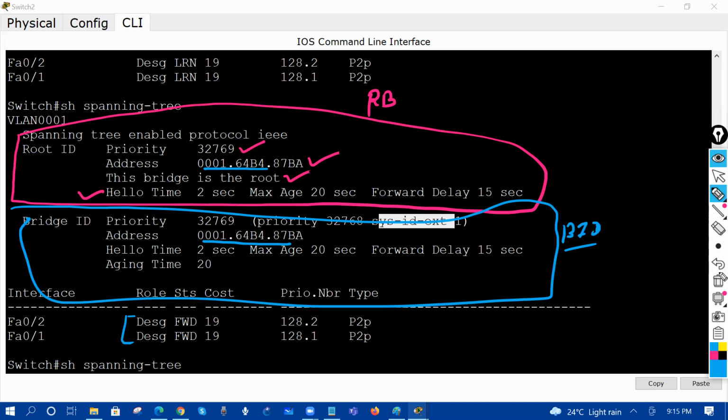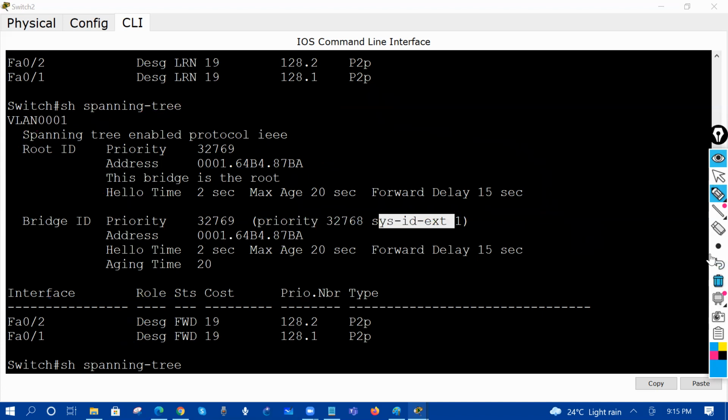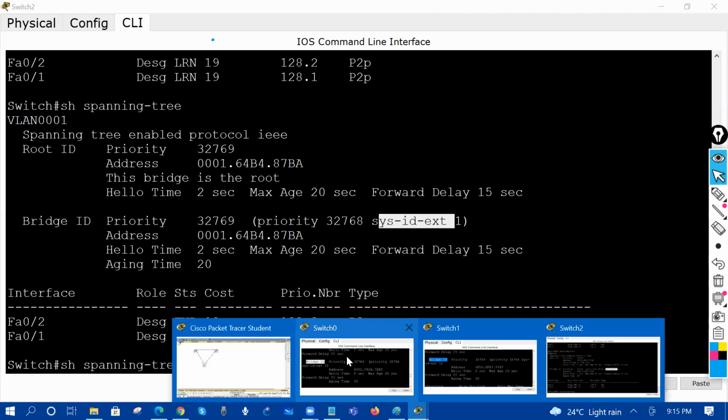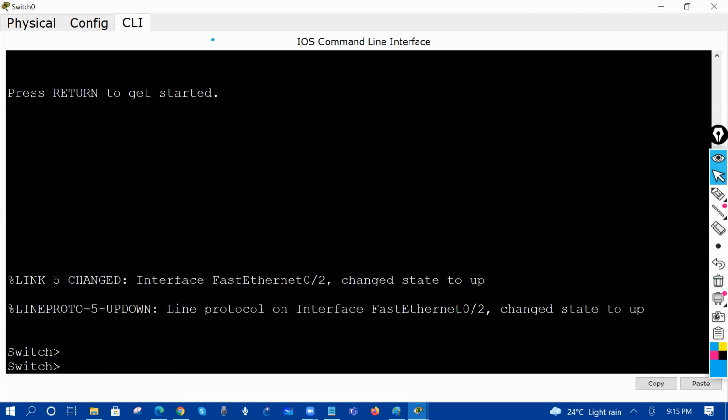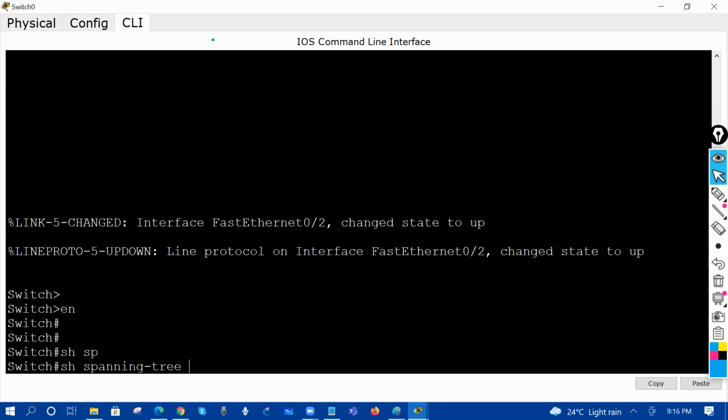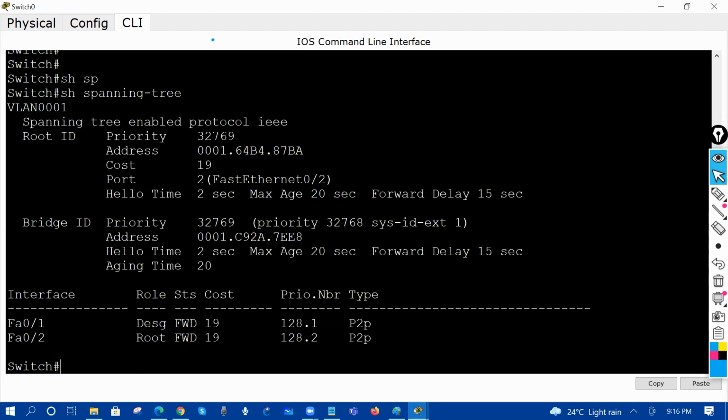But if you look at a different switch, if I talk about switch 0, you see this one has different information. Can you see? This is the root bridge, which has this MAC address 7BA.